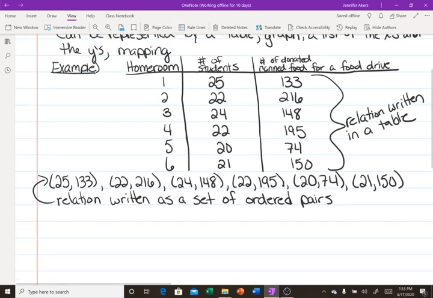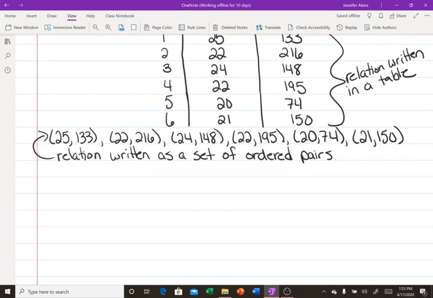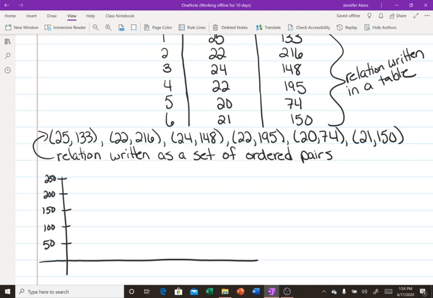I could graph these on a coordinate plane. I'm going to go by 50: 50, 100, 150, 200, 250. These are cans. And then students: 5, 10, 15, 20, 25, 30.